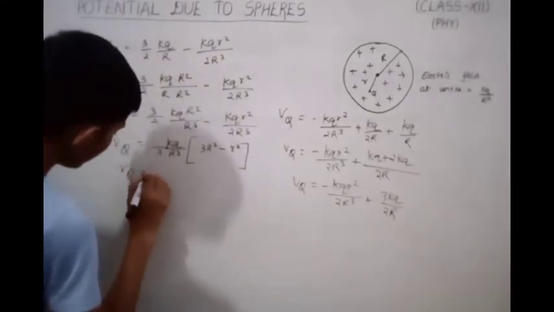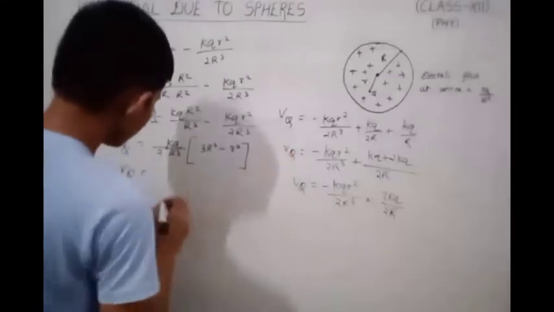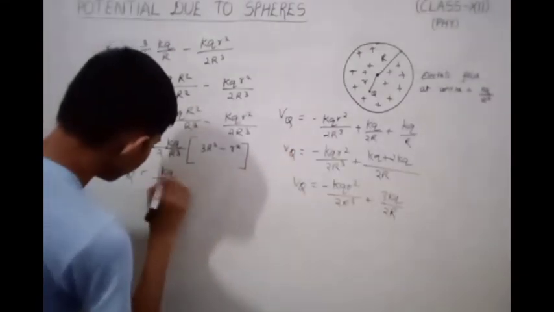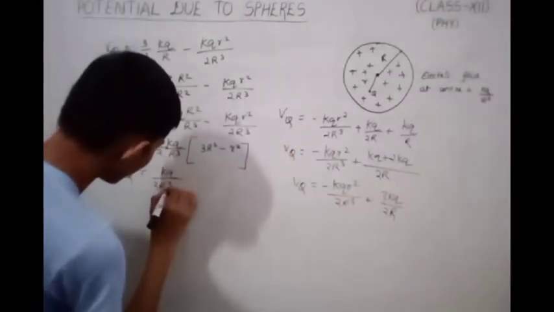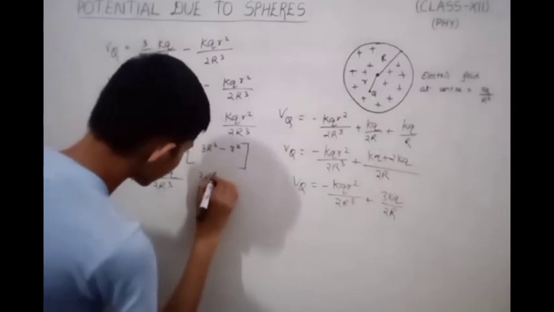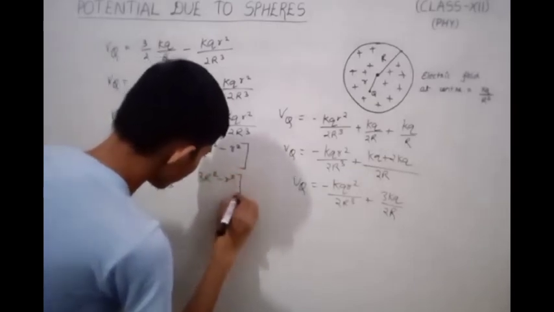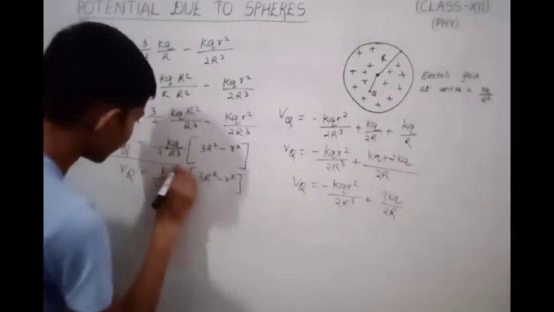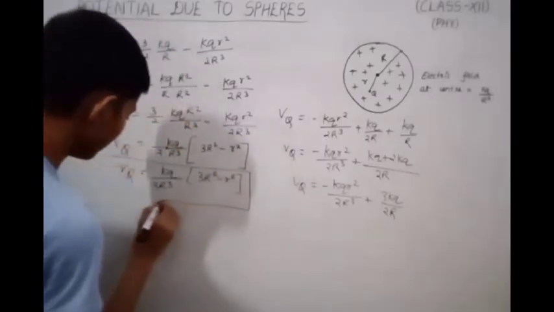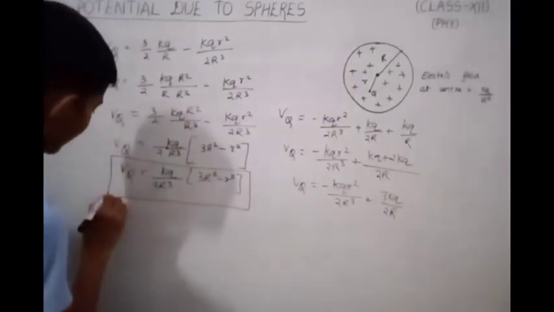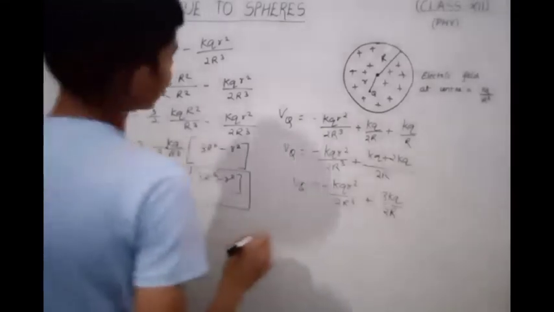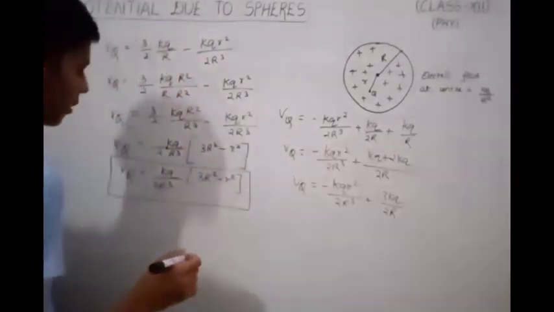So the potential at the point Q, which is inside the sphere, is kq divided by 2R cube multiplied by 3R square minus small r square. This is the formula for finding the potential at a point inside a non-conducting solid sphere.